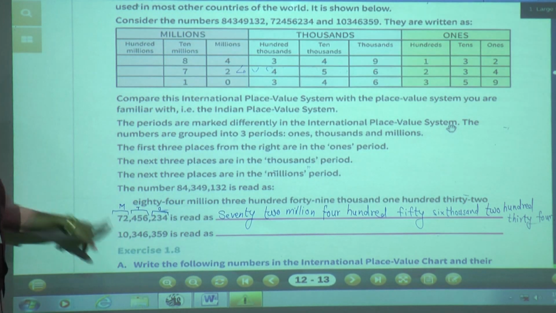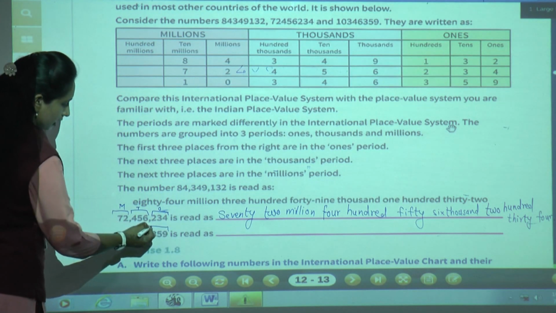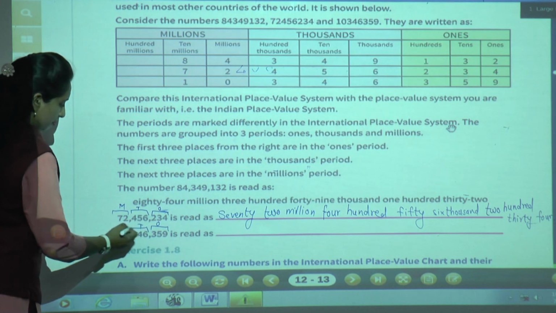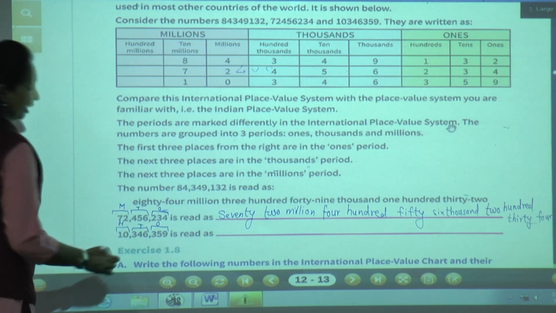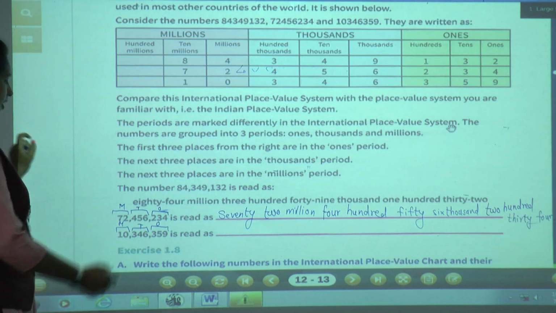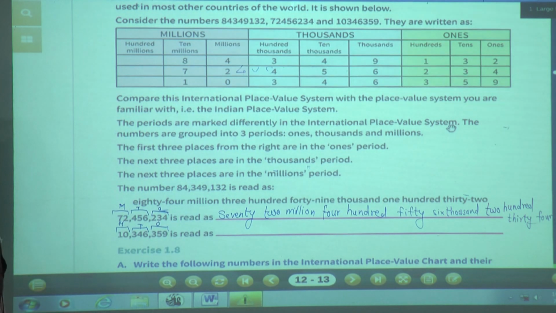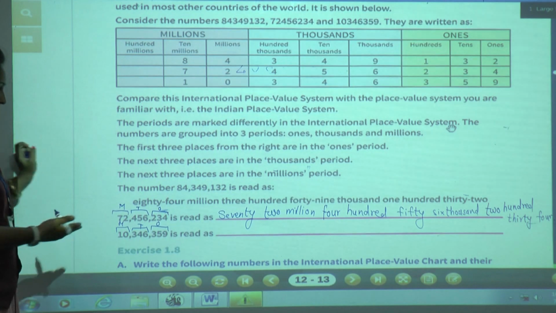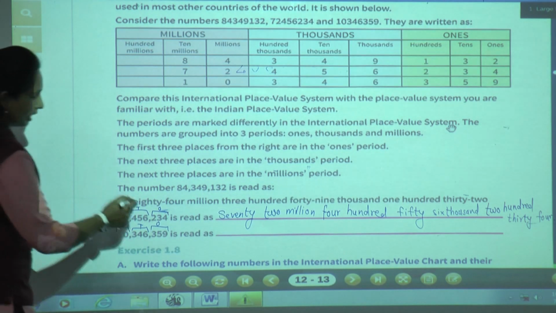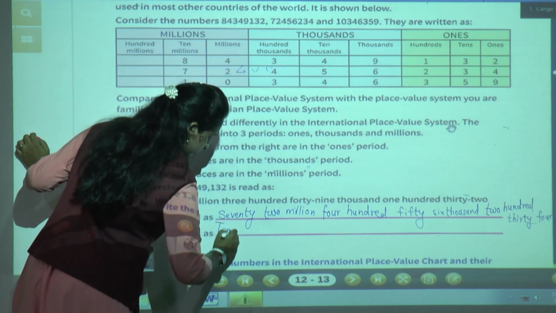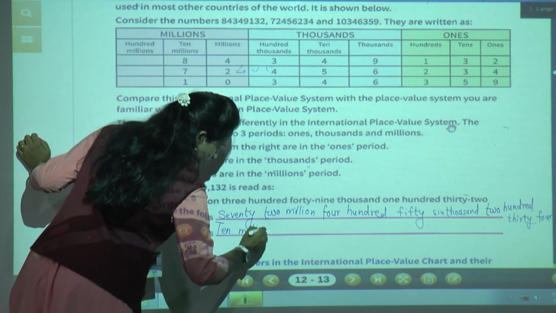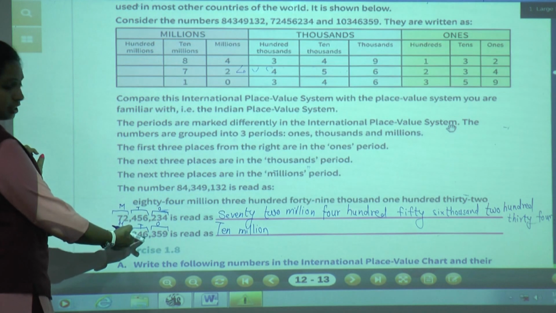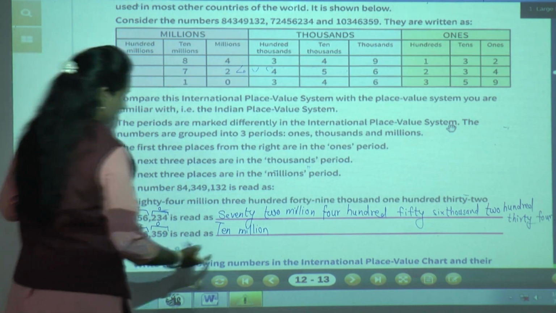Okay, the same. See, the first 3 digits in the ones period, the next 3 digits in the thousands period, and the next digits will come in the millions period. Now how will we read this number? We read this number as 10 million. So write here 10 million. The next is 346,000.